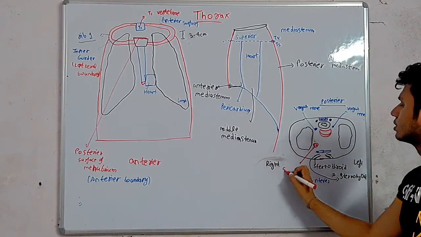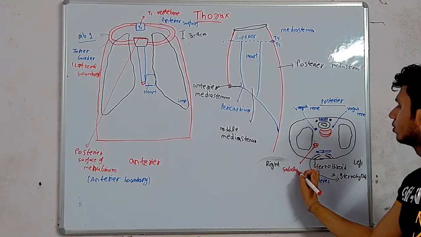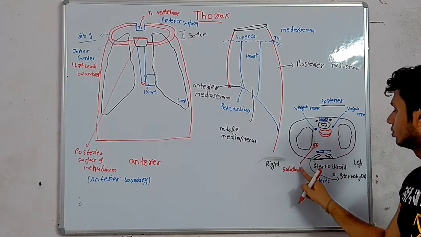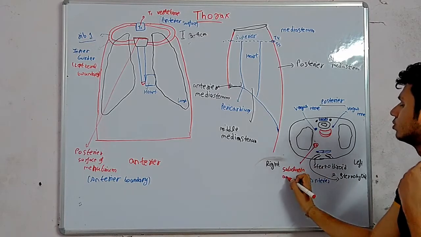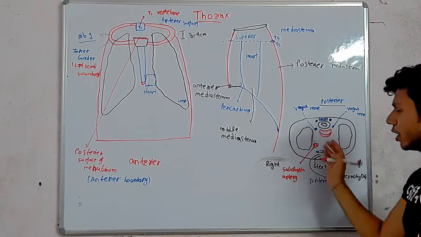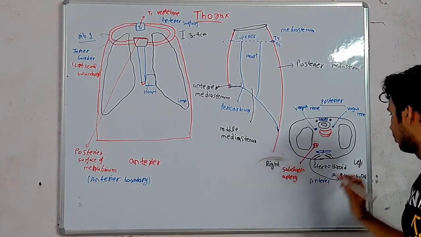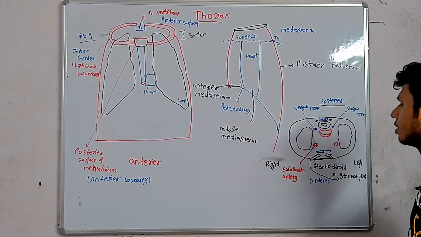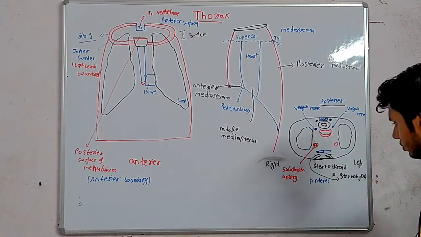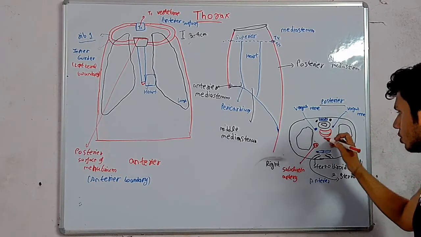This is the subclavian artery. They go into the upper limb, right and left. Same here, right also found. Subclavian artery. Done. We know the carotid artery is also found.